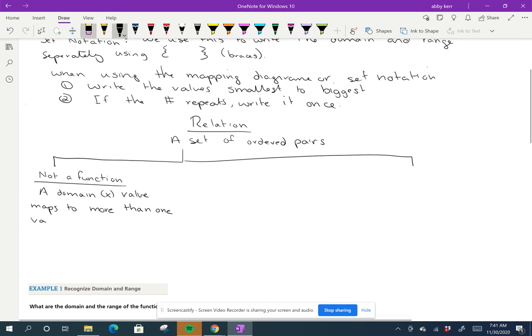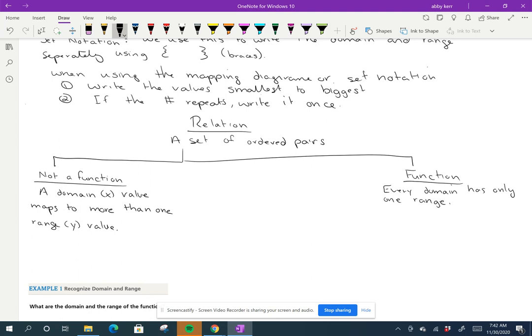And then I'll call it a range, which is our y value. Now, it can be a function. A function is our other possibility. A function means every domain has only one range.